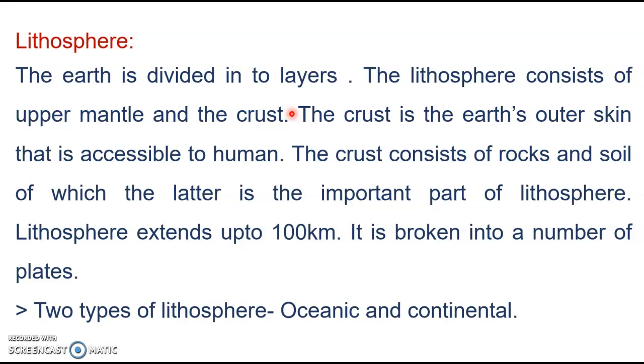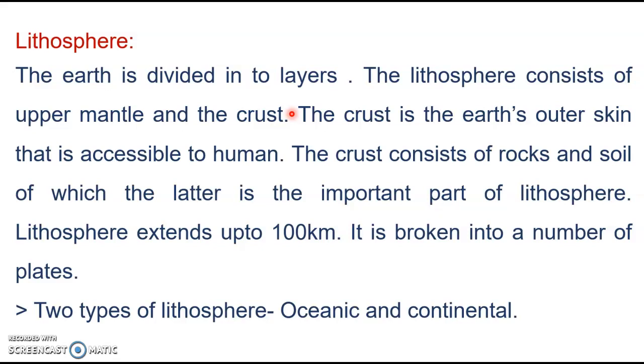And it is broken into a number of blocks of rocks or plates. When they move apart, earthquakes etc. occur. There are two types of lithosphere: oceanic lithosphere, which contains the part of oceans, and continental lithosphere, the part contained in the land areas.